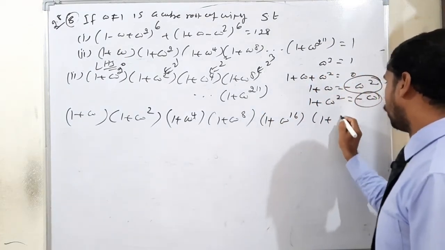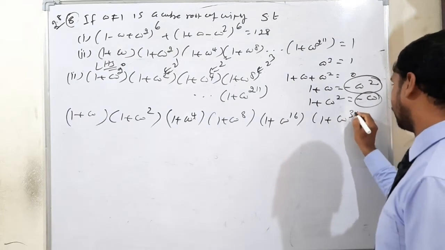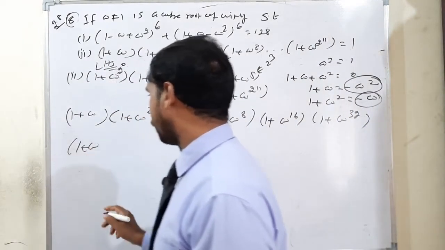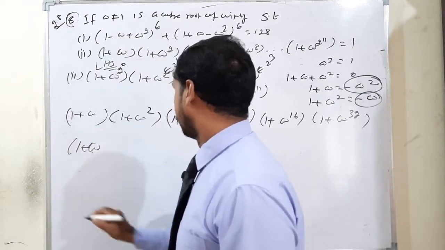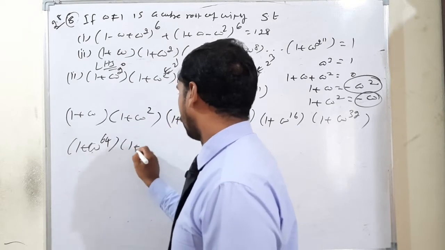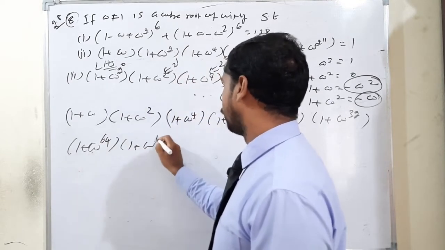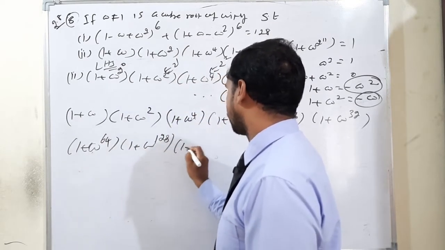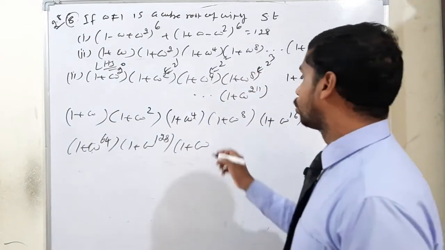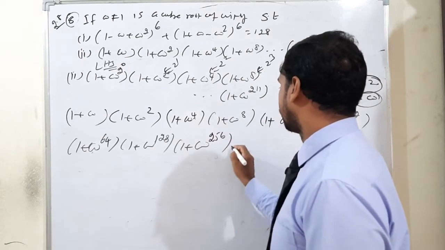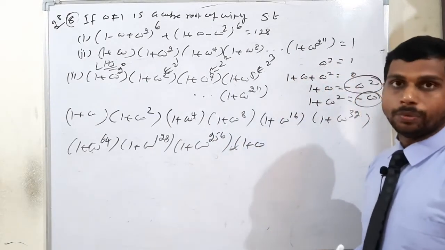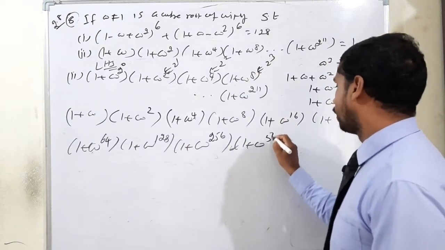Next step 1 plus omega power 16; 8 plus 8 is equal to 16. Next step 1 plus omega power 32; 16 plus 16 is equal to 32. Next one 1 plus omega power 64; 32 plus 32 is equal to 64. Next step 1 plus omega power 128. Next step omega power 256. Next step omega power 512.